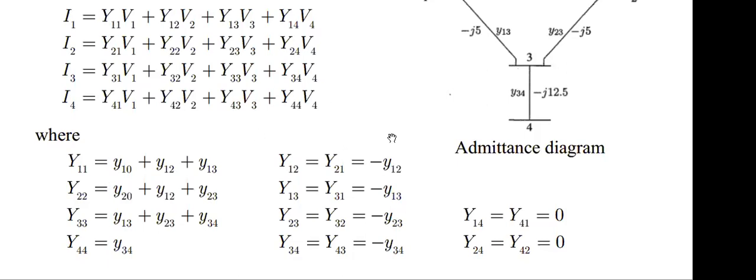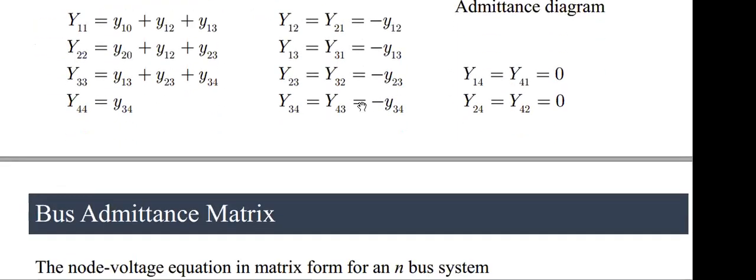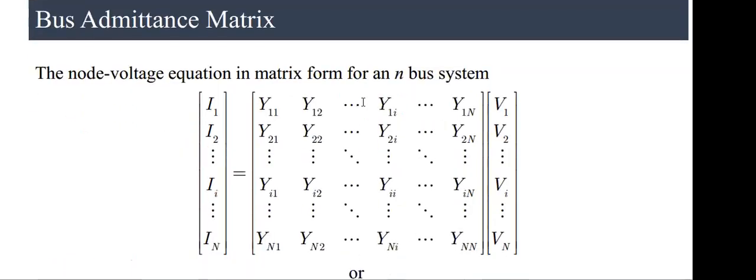from the basic equation. And regarding this Y14 or Y41, as already mentioned, we don't have any connection between node 1 and node 4, right? That's why you have the coefficient of 0. So this is the thing regarding the admittance, the bus admittance matrix idea.